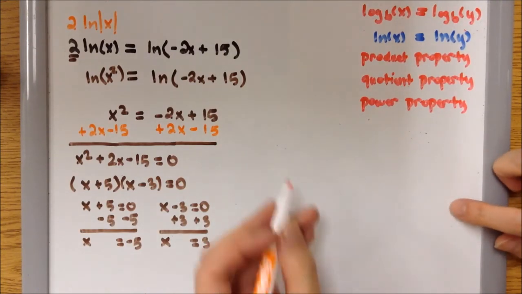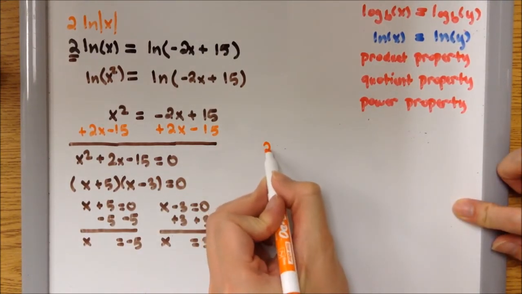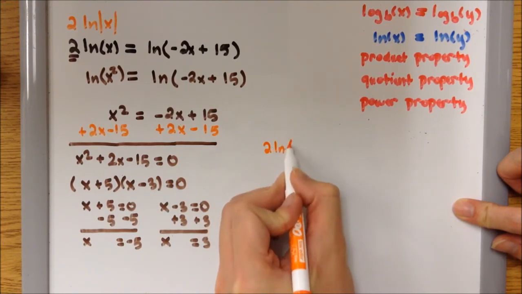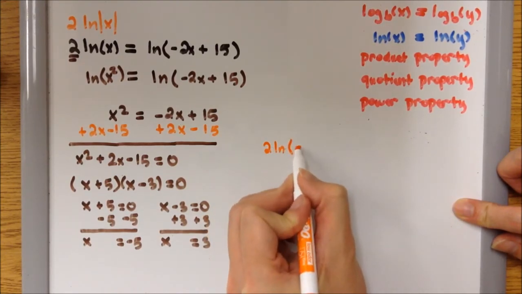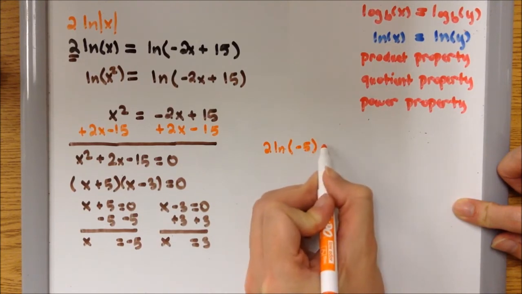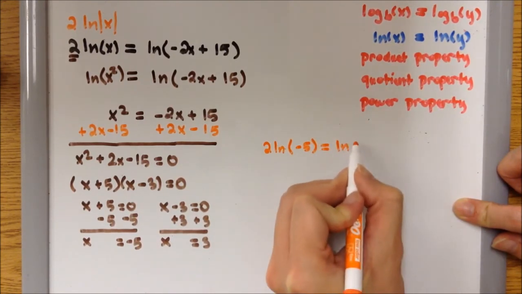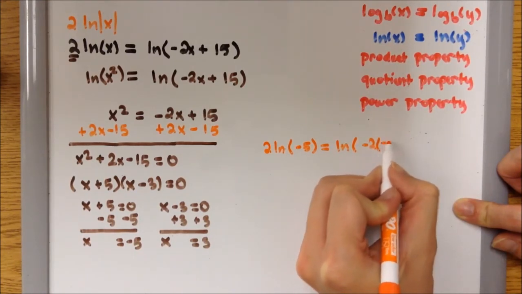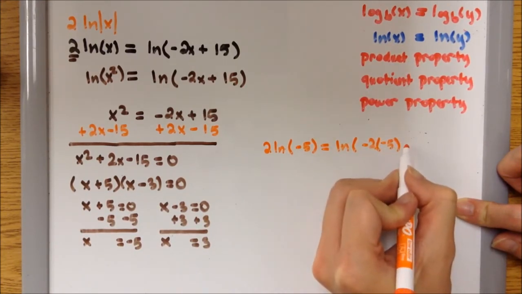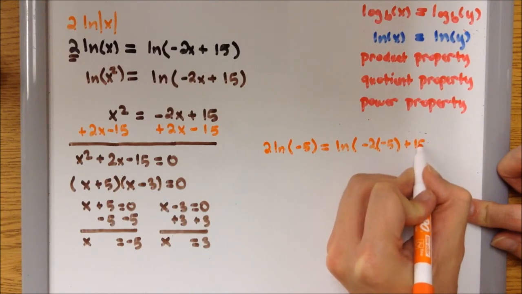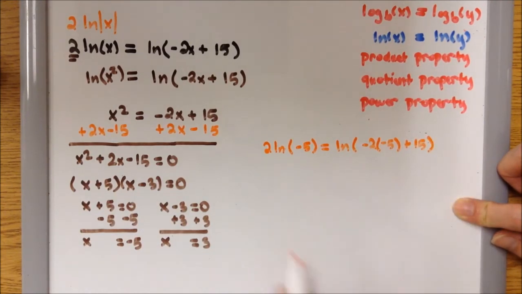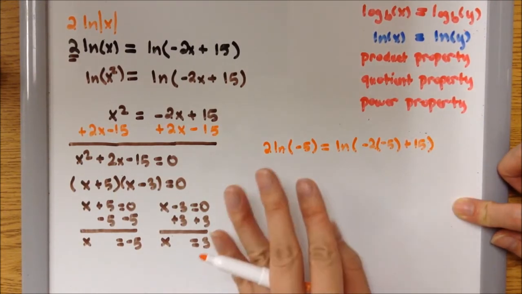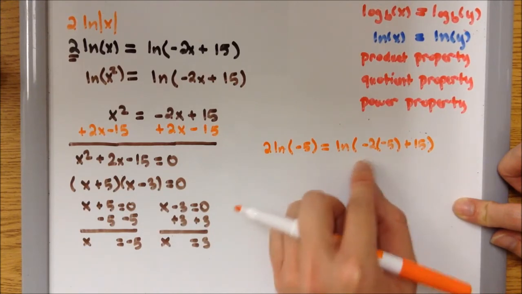So, 2 natural log of, in parentheses, negative 5, close parenthesis, equals natural log of negative 2 times negative 5 plus 15. Now over here, I'm not going to mess with it because I want to work with this one out first.